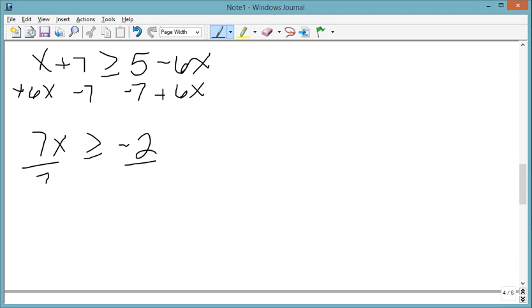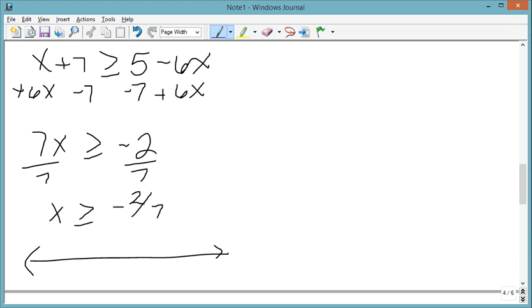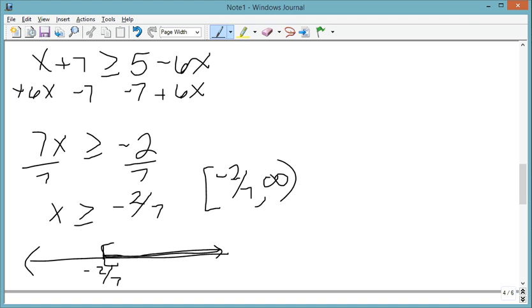Divide by 7. It's a positive number, so it stays the same. It's okay if it's a fraction. All I really care is where negative 2 over 7 would be. I want greater, so I want everything up here. It's okay if it's equal, so I'm going to use a bracket, and my answer would be negative 2/7 up to infinity. Okay, and that would be how I would write my answer.